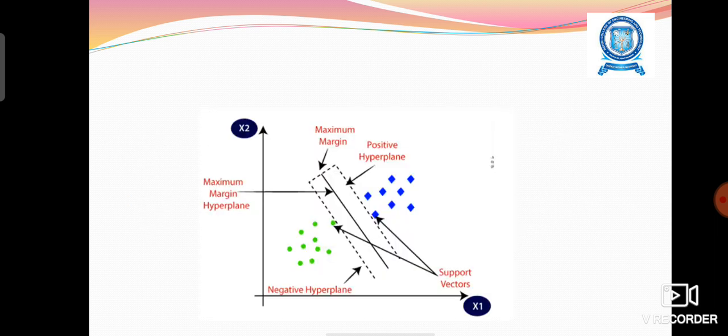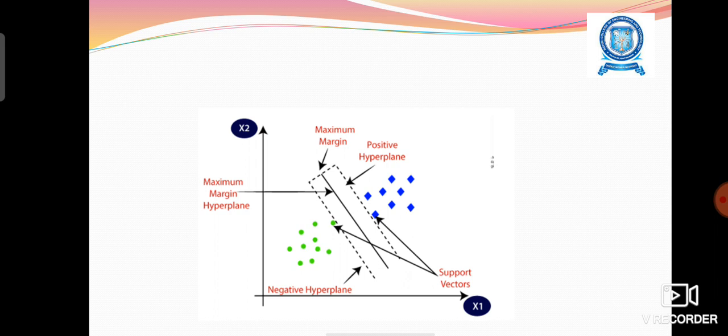In this diagram we can see the data points are segregated and we can find the best line that differentiates the two sets of data points. Such a best line is called a hyperplane. There may be parallel lines near our hyperplane.